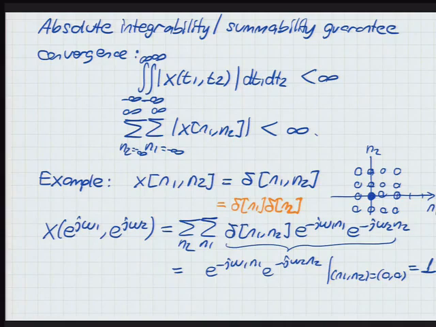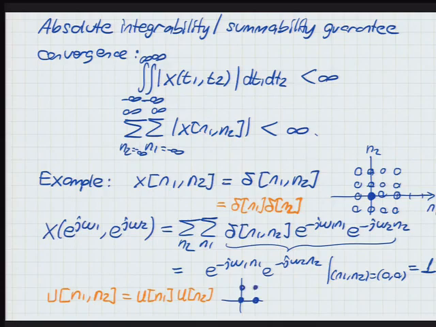Similarly, if you want to define a two-dimensional step function, you can write it as u of n1 times u of n2, and that simply means that your signal in the 2D space will be ones when both n1 and n2 are non-negative, and elsewhere the values will be 0.